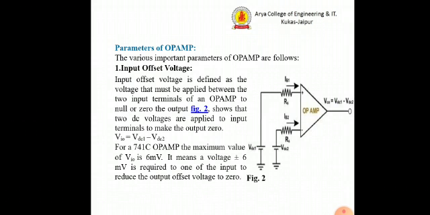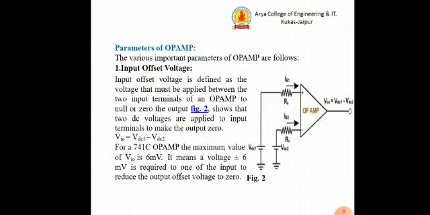Now we discuss parameters of op-amp. One of the important parameters of op-amp is input offset voltage. This particular fact has already been discussed in our earlier classes, that the transistors used to make the op-amp should be identical enough.